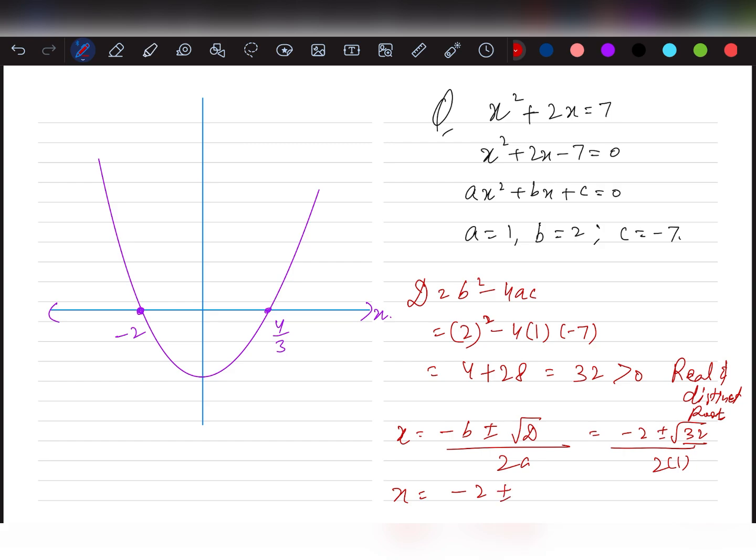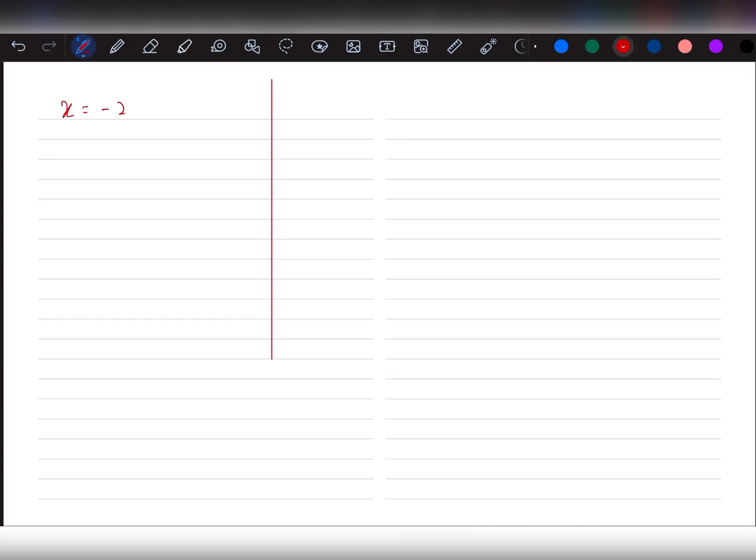We cannot solve 32 completely because it is not a perfect square, but we can take out 4 from this, 4 root 2. So this is divided by 2. Here x equals (-2 plus 4 root 2) by 2, and x equals (-2 minus 4 root 2) by 2.